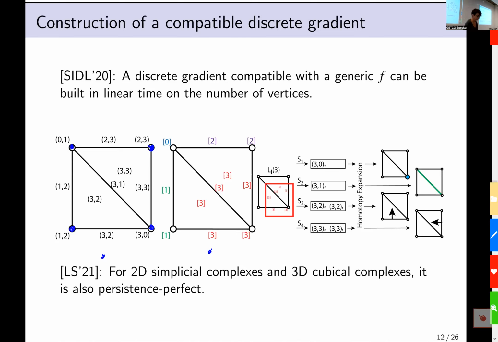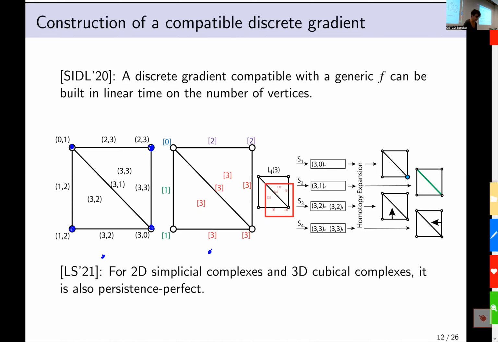And this gives us the discrete gradient compatible with the initial function. The nice thing, we have never developed the code to parallelize this, but it can be parallelized because all these lower stars are disjoint and cover this simplicial complex.